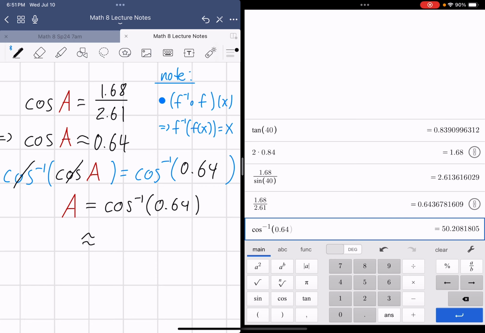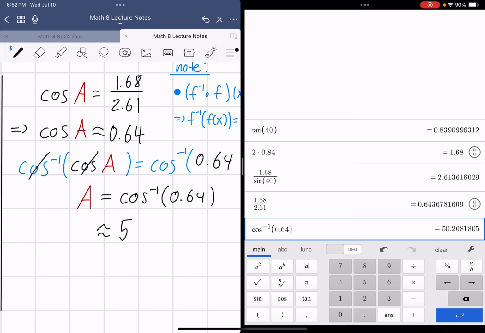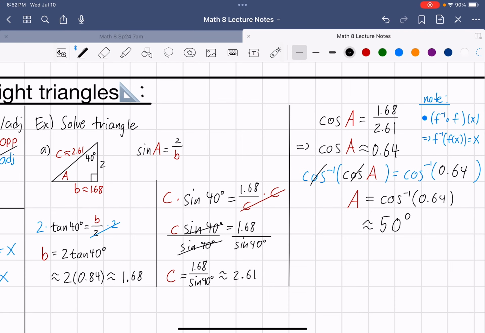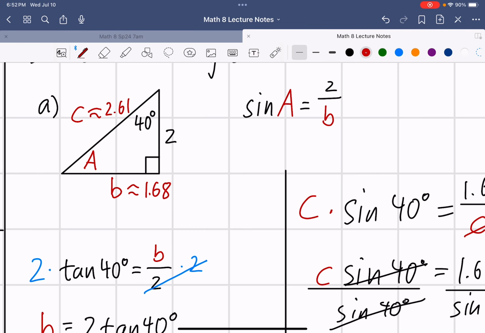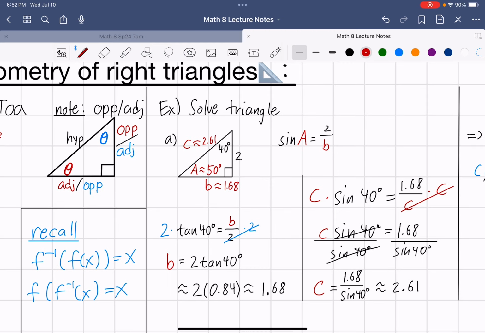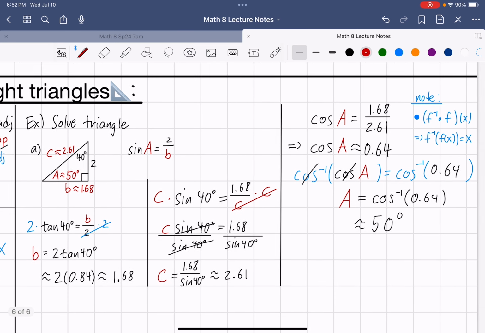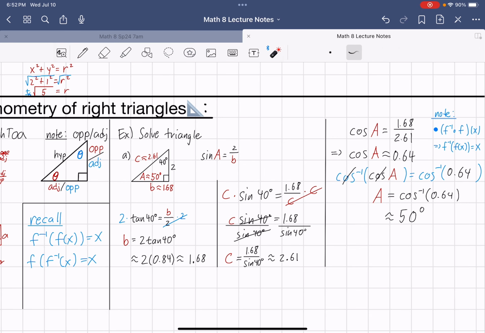But I'm going to round this to my nearest degree. If you notice, if I round this to the nearest whole number, it's going to be 50. And that's exactly what we said angle A is supposed to be. Now, yes, we had a slightly different answer in our calculator, but it's because all these numbers are rounded.